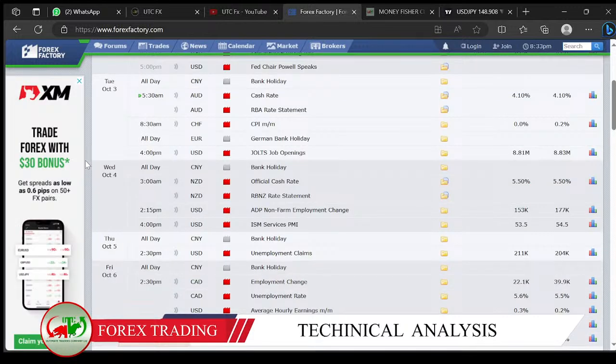As you can see, at 2:15 we have ADP non-farm payment change, which is expected to be negative. So if the news comes below 153k, we will see USD/JPY dropping down even further.